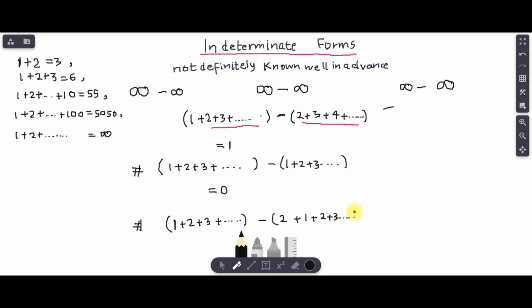So this particular part gets cancelled, so it will be minus 2. Isn't it? It's interesting to understand about the indeterminate form, where we are not able to tell what the value will be well in advance.